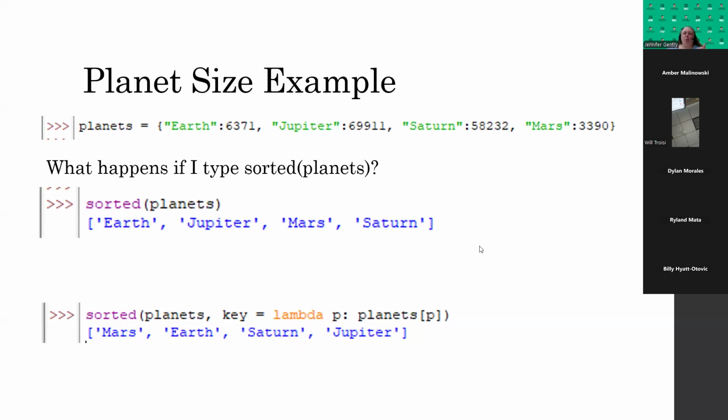Okay, what if that's not what I meant? Well, if I really wanted to sort by size, what I could do is add that key lambda in there, send it P, and then planets sub P. What that's going to do is pull out the numerics and put them in size order. So that's going to be different.